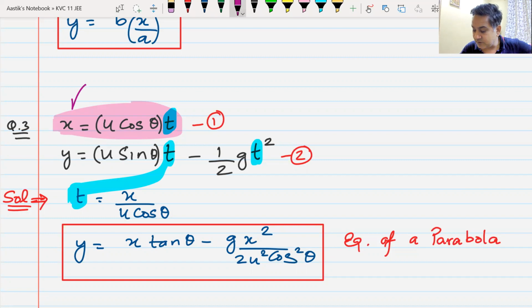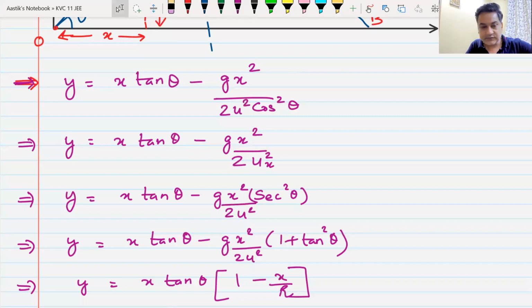This is the x coordinate of the particle, this is the y coordinate of the particle. We just eliminated t from this and got the equation. That was the first equation which I have written. Once we get the first equation, the rest of the equations are pretty straightforward. And these are the 5 equations that we have done. Everyone understands this? Yes or no?